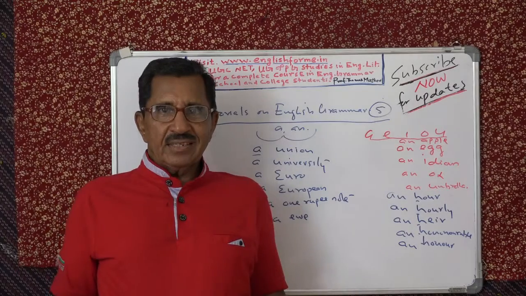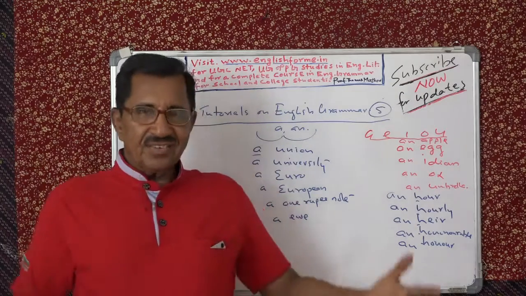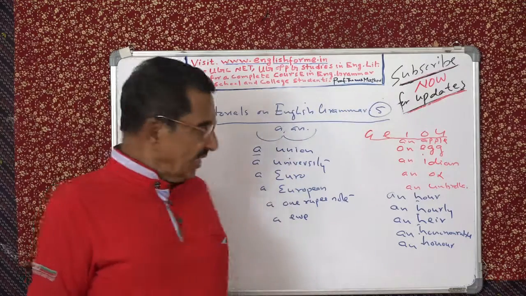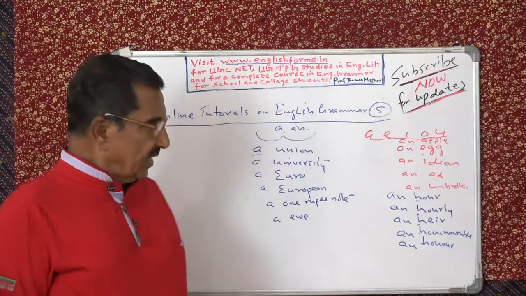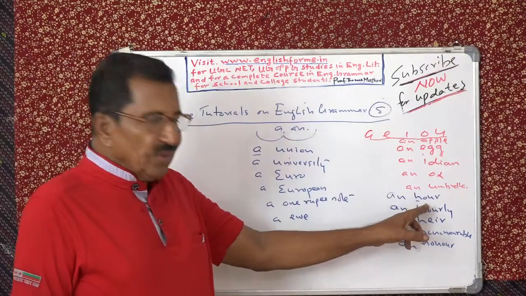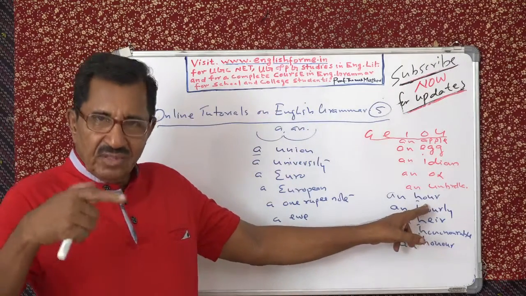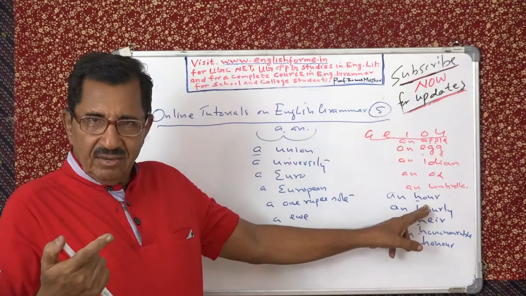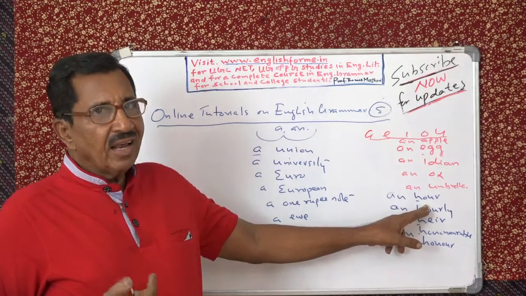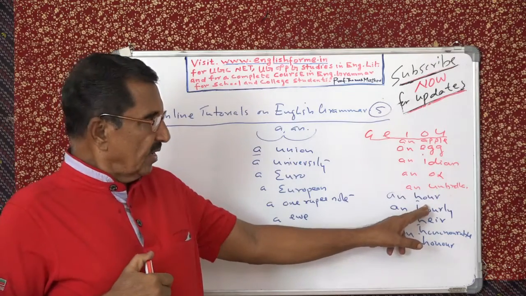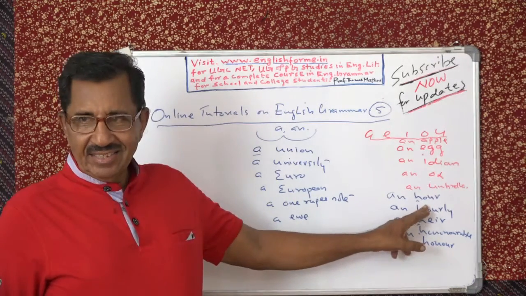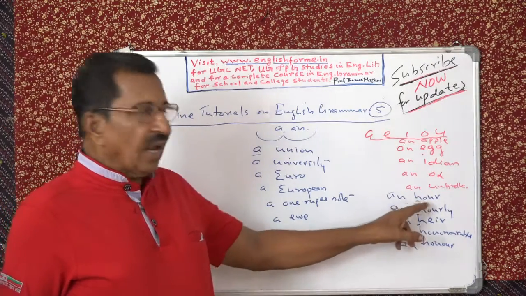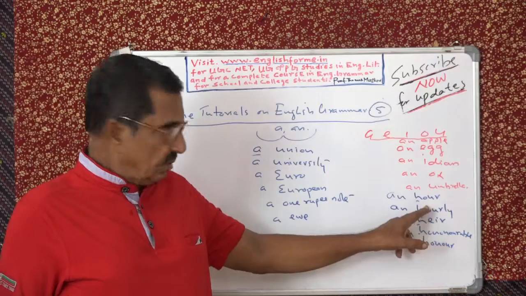So whatever we said yesterday, you find confusion. See that? But there is no confusion. Let us take this set. Here, the sound with which you begin the word is a vowel. H is silent here. So we say an hour, not a hour.